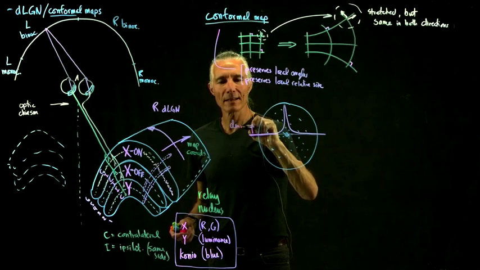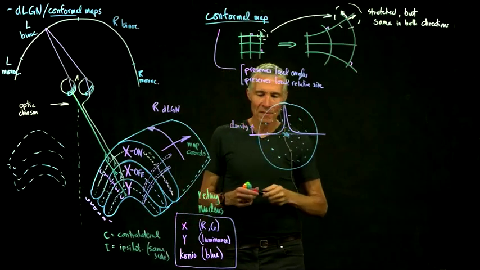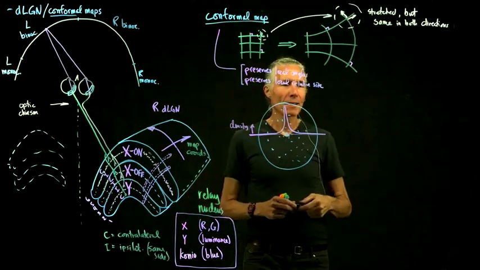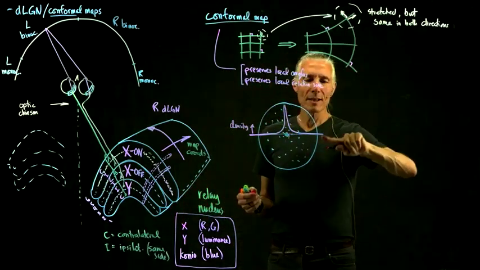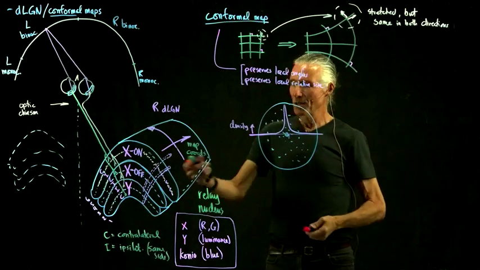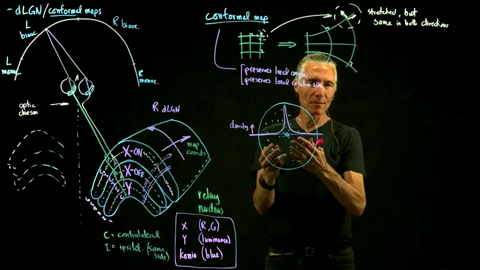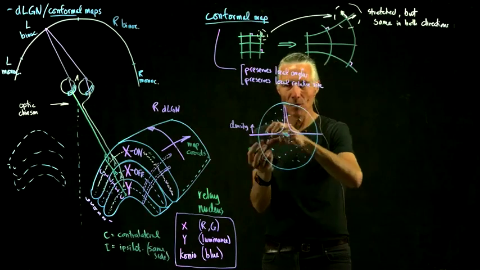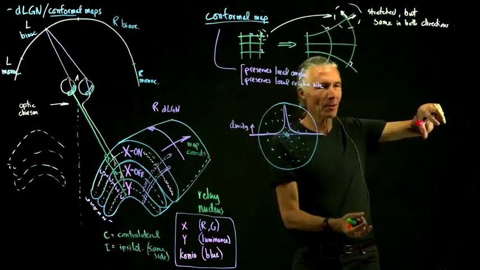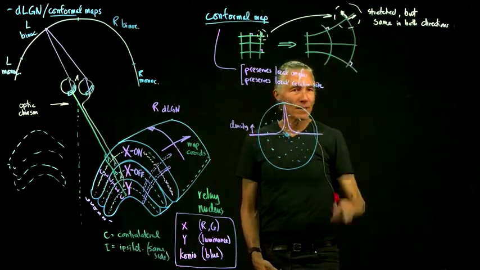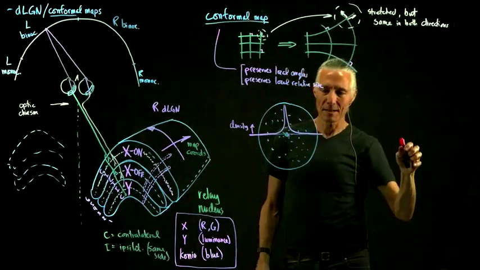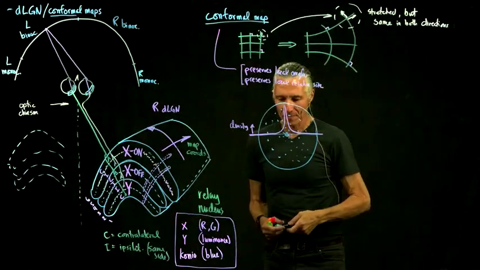Now let's take that map and try to spread it out evenly to the geniculate. The retina is all really dense, and let's take all the wires out of the retina and try to spread them across the geniculate as evenly as we can. What's going to happen?